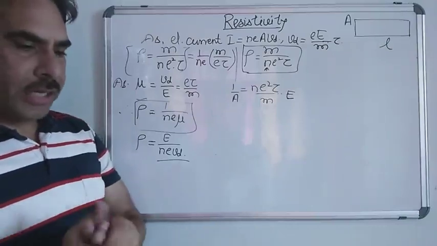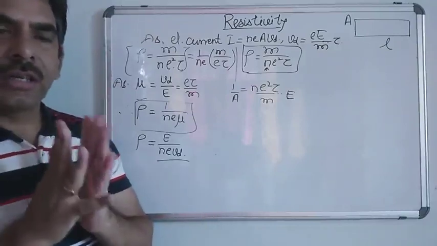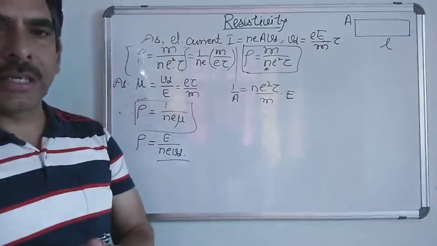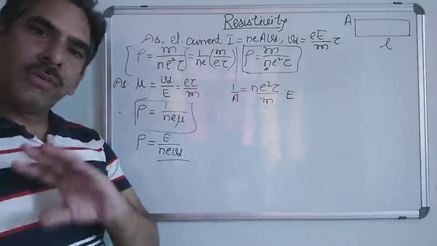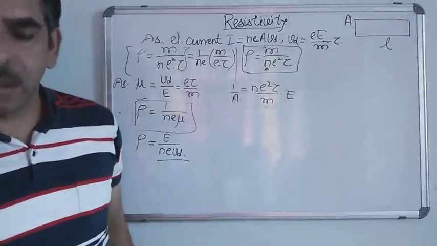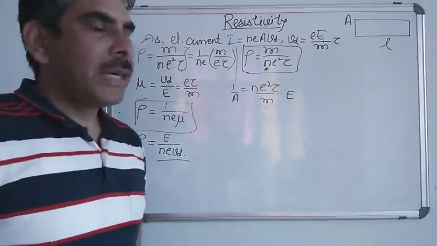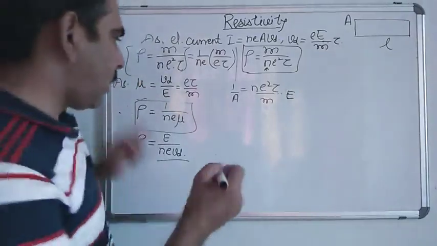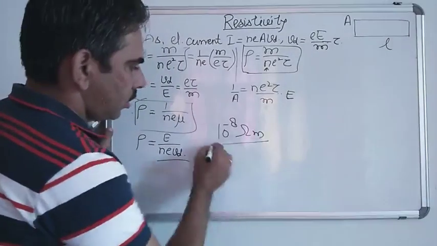From here we understand that electrical resistivity is a property which is constant for a kind of material, not for a conductor but for a kind of material. Whatever the size of the conductor we take, we get the same value of resistivity for the given material. Metallic conductors have a low resistivity, of about 10 to the power minus 8 ohm meter.